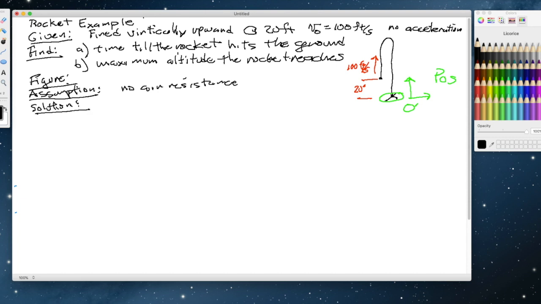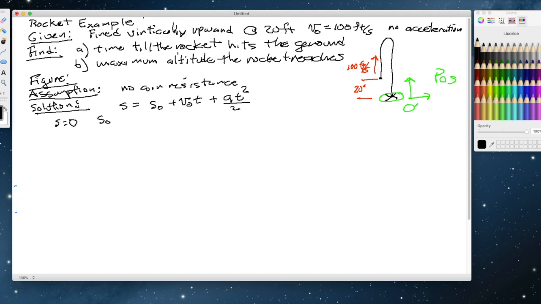We will pick the formula from our derivations where S will equal S sub 0 plus V sub 0 T plus A T squared over 2. In our case, S at ground level will equal 0.